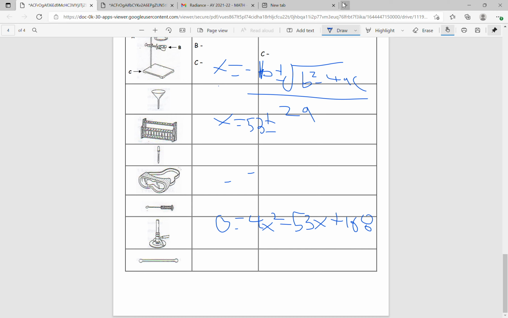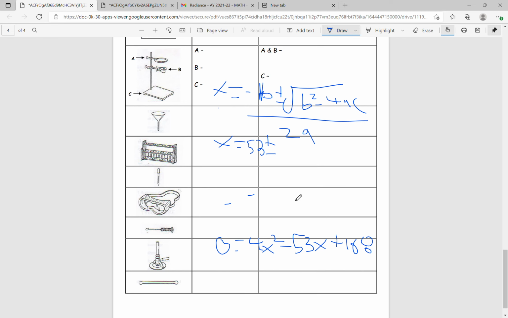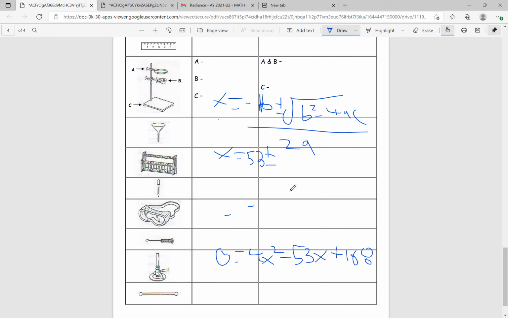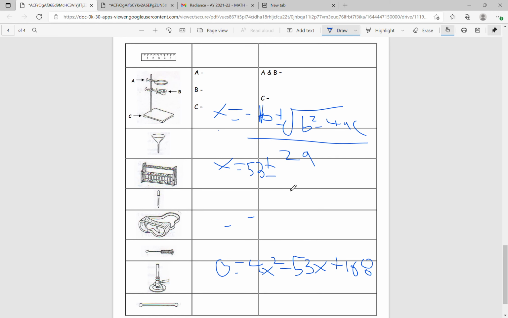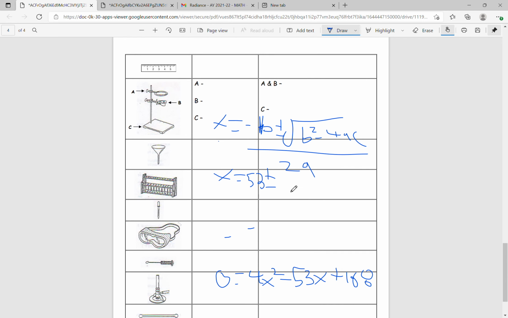We can just use a calculator for that. 53 times 53 is 2,809. And that's 2,809 minus 4 times a, which is 4, times c, which is 168. And then we need to divide by 2 times 4, which is 8.